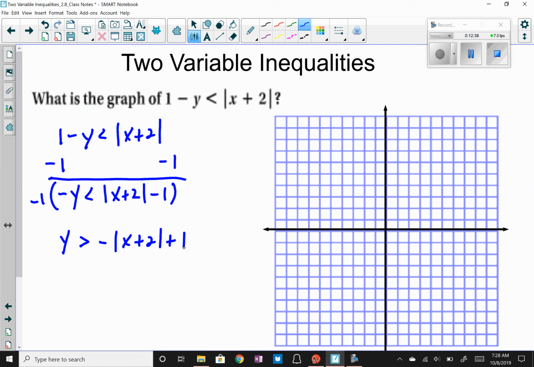Okay, so the next thing we want to do here is figure out where the vertex is. So we know that the vertex is h and k, so that means negative 2 and 1 are the vertex. So let's plot that, negative 2 and 1.